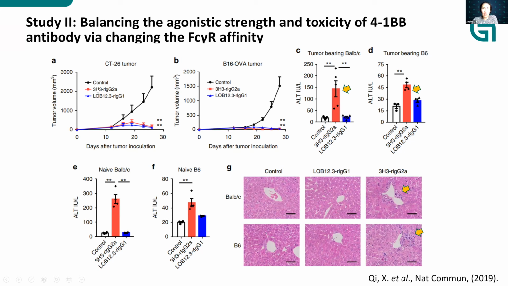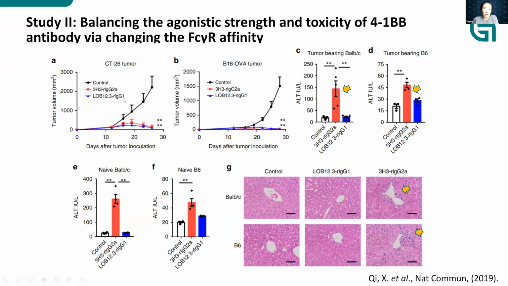For the high affinity Fab, they gave an Fc region to engage the activating FcγRs. For the low affinity Fab, they gave an Fc which can engage the Fcγ2b, which is the inhibitory or cross-linking FcγR.